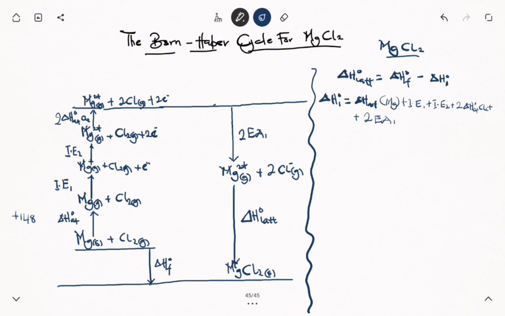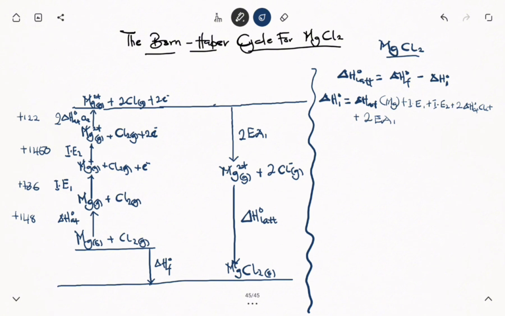Now the first ionization energy is plus 736. The second ionization energy is plus 1450. And then we have the enthalpy of atomization of chlorine to be plus 122. Remember, it's going to be times 2.